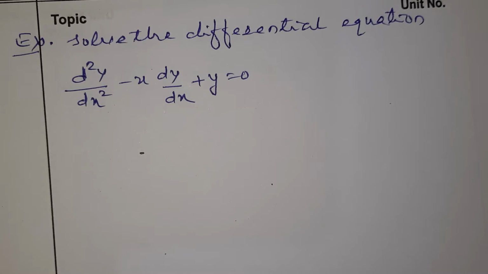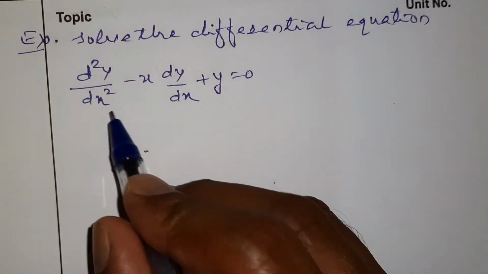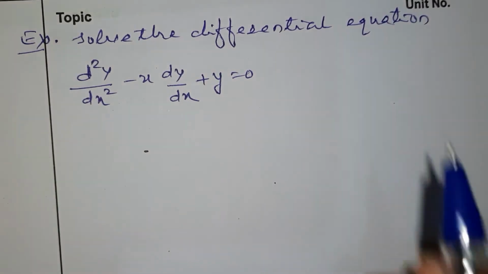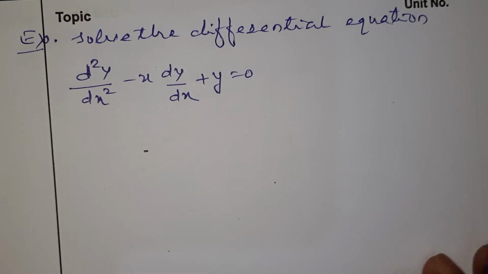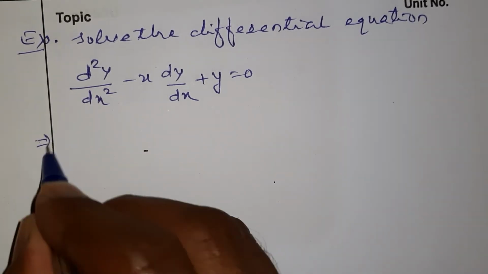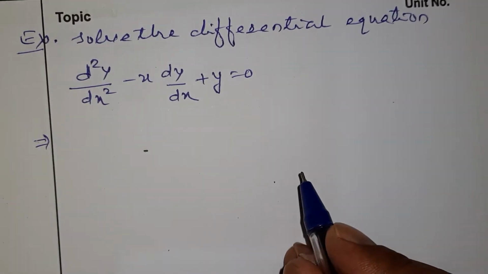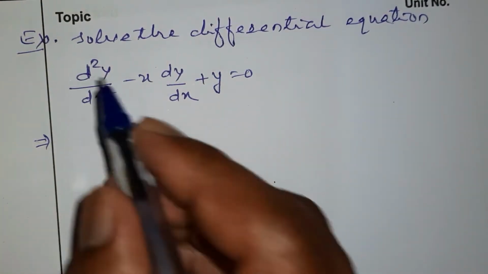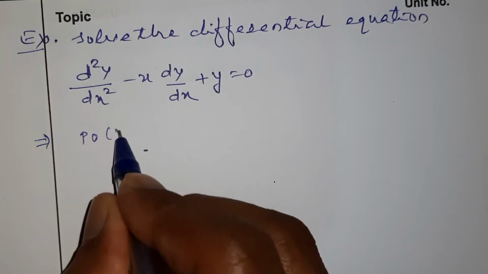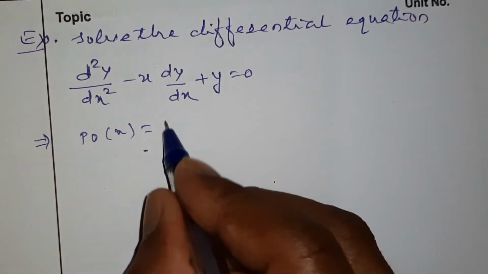So here the first example is: solve the differential equation d2y by dx square minus x dy by dx plus y is equal to 0. As usual, our procedure tells us first we check whether it is an ordinary point or a singular point. For that, see the coefficient of d2y by dx square, it is p0 of x. p0 of x is 1.